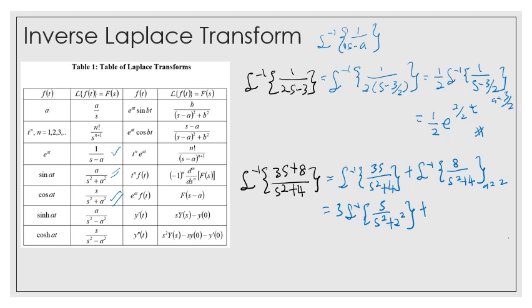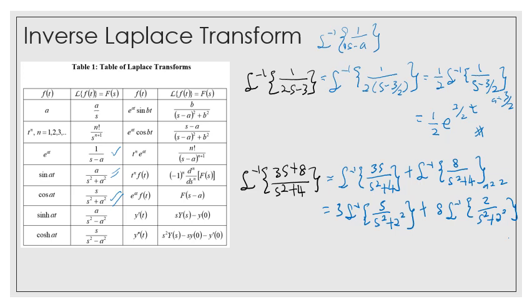So what we can do is bring this one out first. Inverse Laplace, we want the numerator here to be a, so it should be 2 over s squared plus 2 power 2. From the table, I want it to be similar to a over s squared plus a squared.